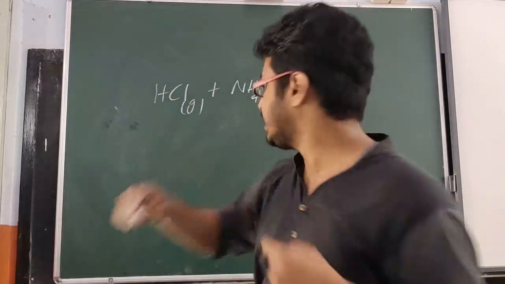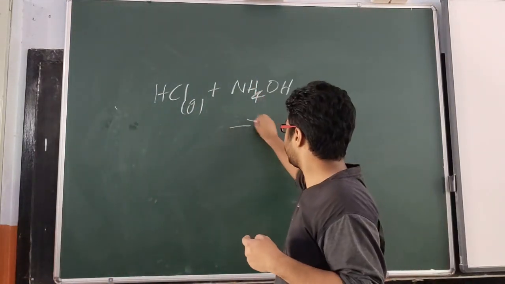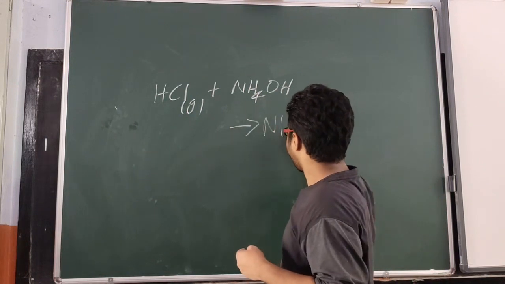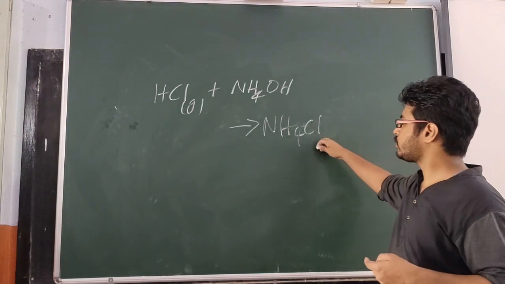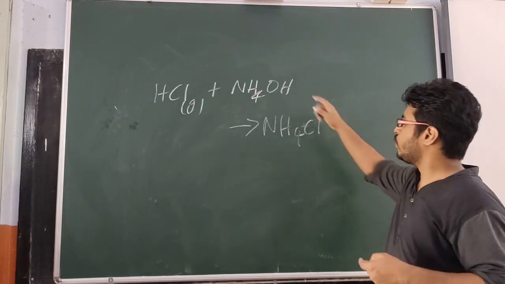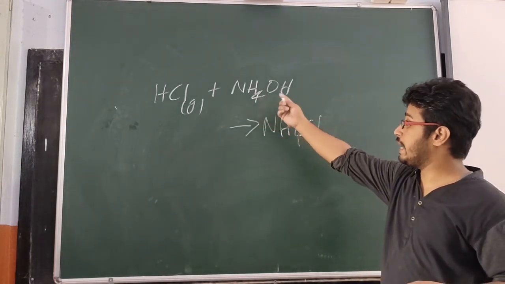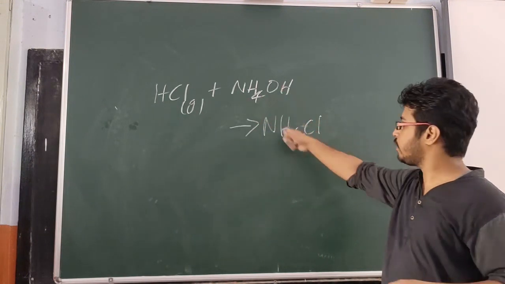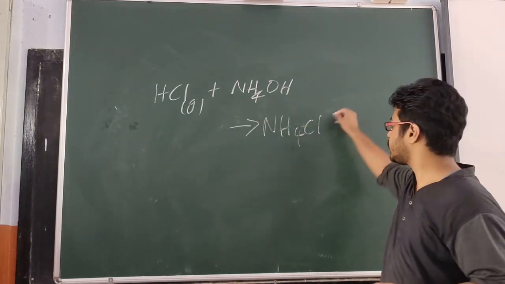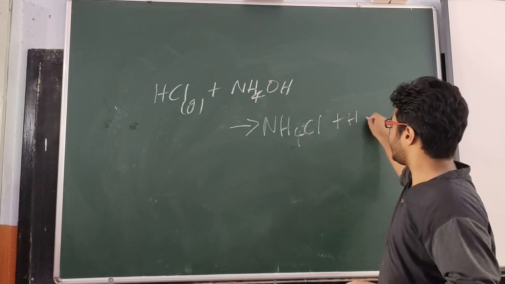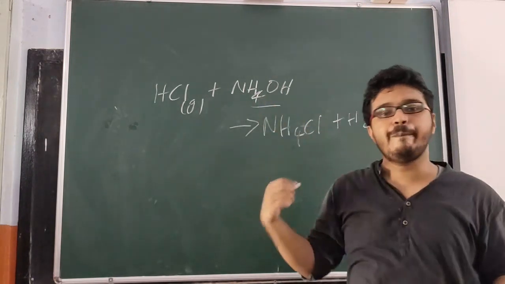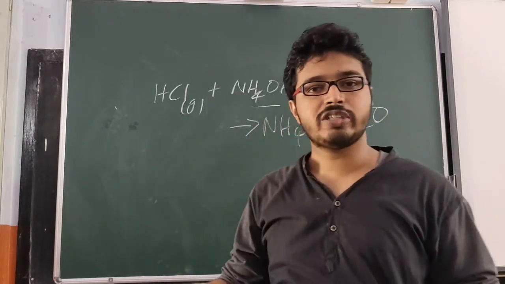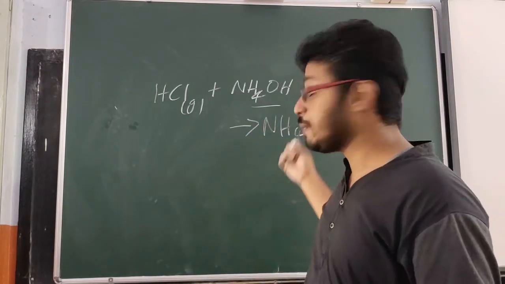That is due to the formation of NH4Cl. NH4OH plus HCl will give the product NH4Cl plus H2O. You have studied in the analytical chemistry chapter that NH4OH is a base.